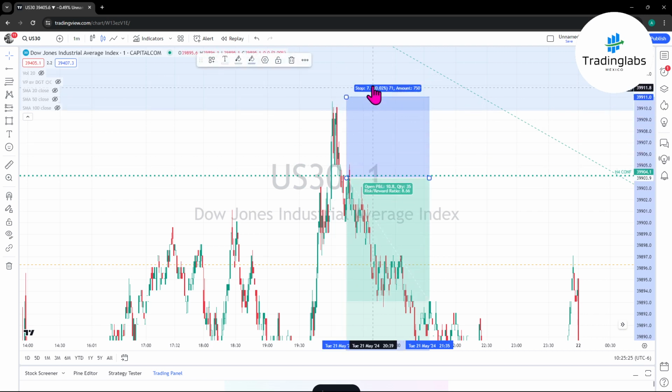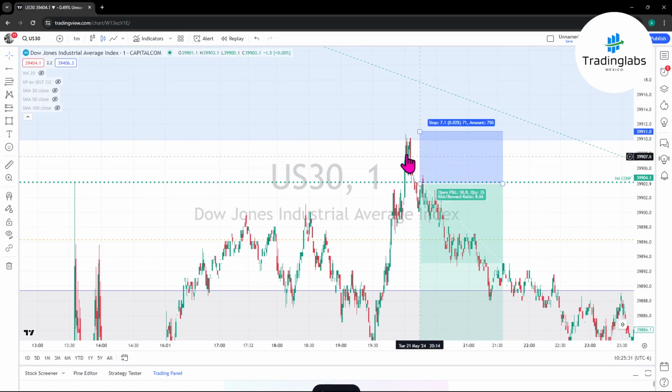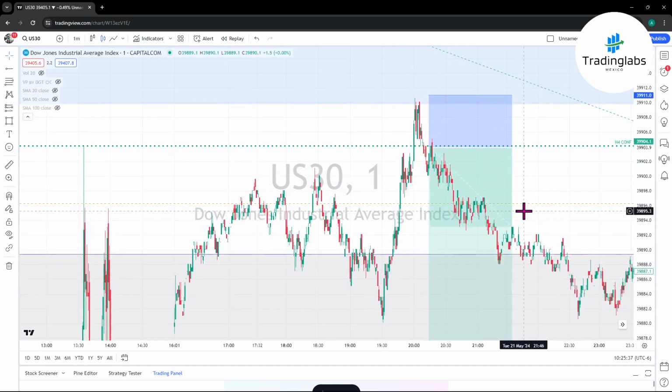Stop loss here is only 7 pips. You know for sure that if the price passes across this high, it's called up. So for 7 pips, it's worth the risk.